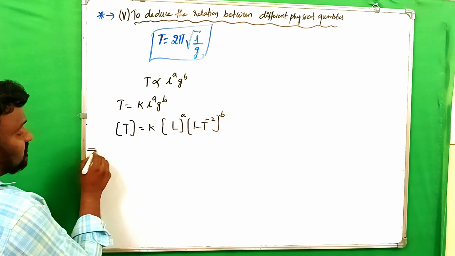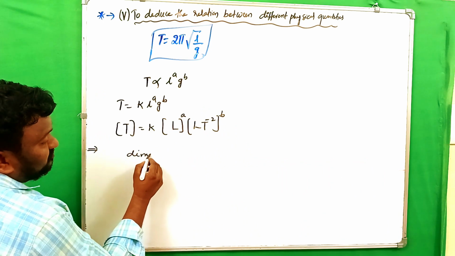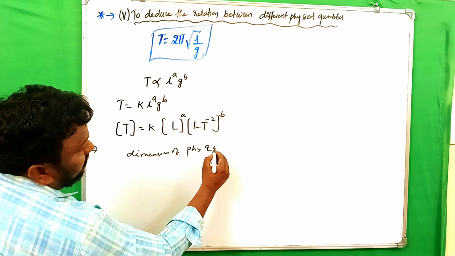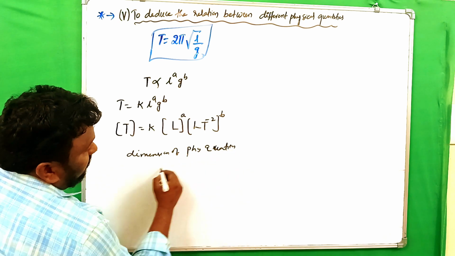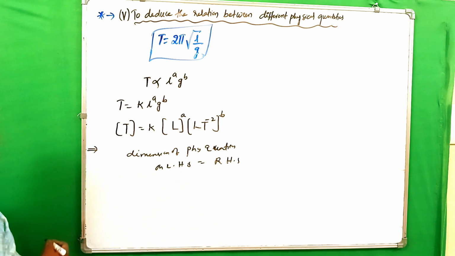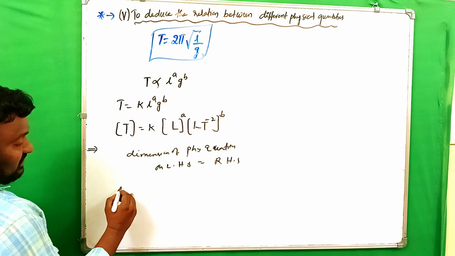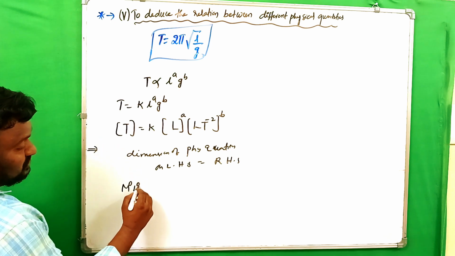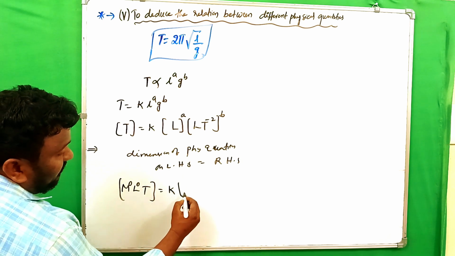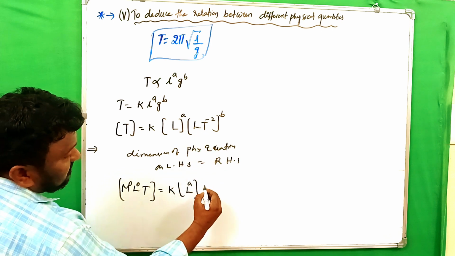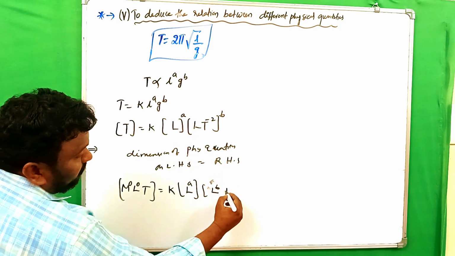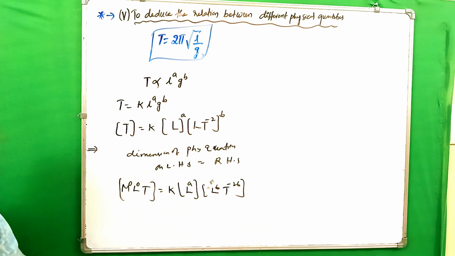Now according to the principle of homogeneity, the dimensions of the physical quantity on LHS equal the RHS. Clear? So I am going to write like this: M to the power of 0, L to the power of 0, and T. And now it is K into L to the power of a, and now L to the power of b, and T to the power of minus 2b.